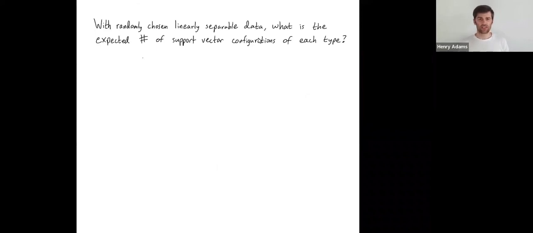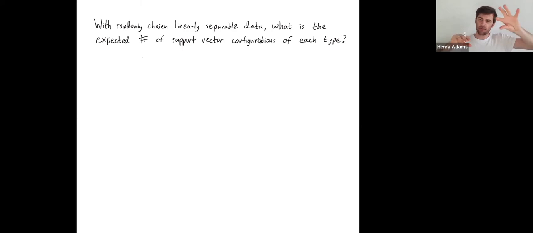So let me conclude by giving you just a taste of what can happen with randomly chosen data, okay? So you need a model for linearly separable random data. And the random model that we chose, which definitely affects your results, is we had two Gaussians, okay? And then we sampled points from the red Gaussian and we sampled points from the blue Gaussian.